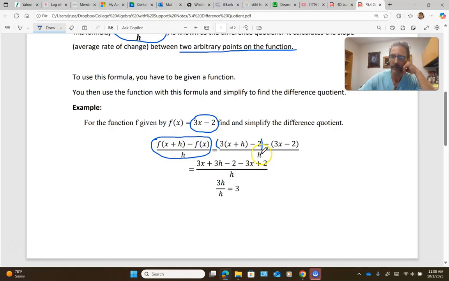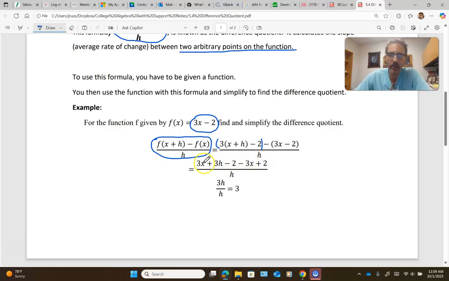And then what happens is you basically simplify this. When you're finding the difference quotient, you're going to be doing a lot of simplification. You first distribute the 3, so you get 3x plus 3h, and you have minus 2. And then you distribute this negative, and it's imperative that you keep that second function in parentheses, because that'll give you a negative 3x plus a 2.